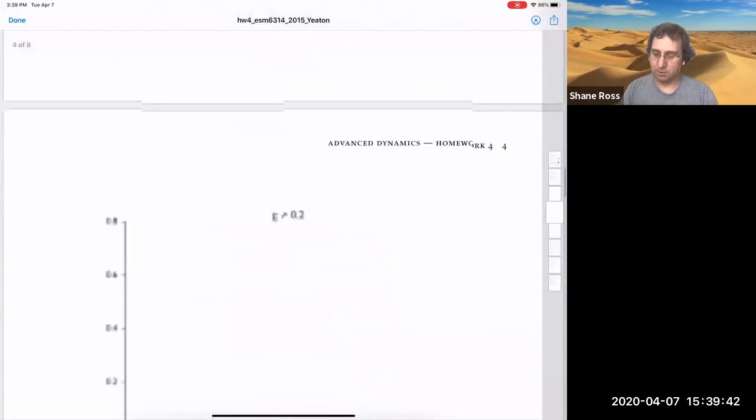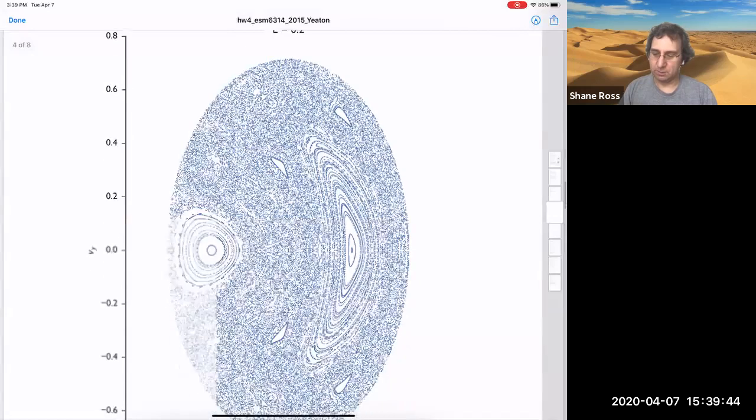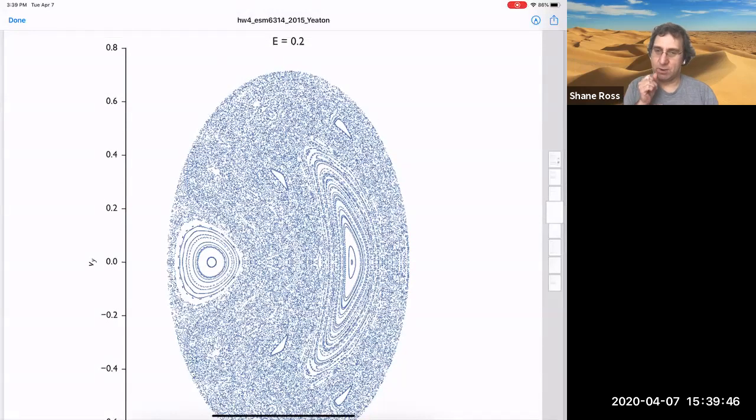That one's not so interesting. It's maybe this one. This is for energy 0.2. And you see there's this kind of scattershot region, and that would be the chaotic region. There's also these things that look like level curves on the right and on the left. These are cross sections of tori. So we can see there's numerical evidence that there are tori.